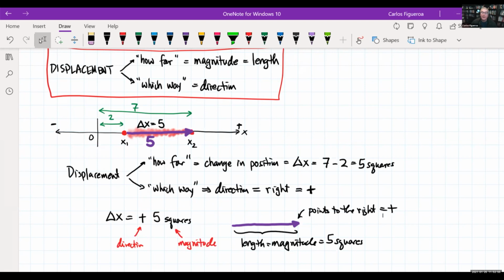Okay, so then let me show you some of the notation that I want to use here.